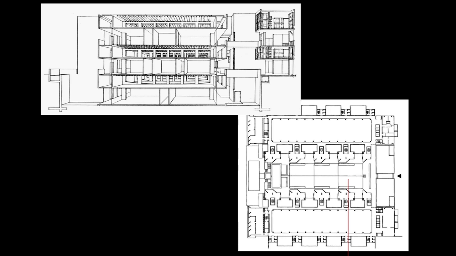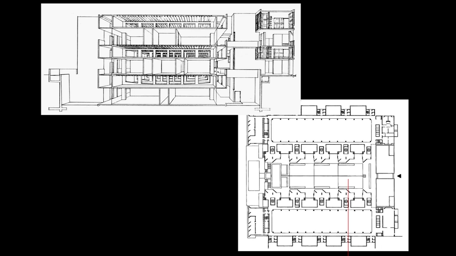So the utilities are going to rise vertically through these tower-like forms that are on the outside edge of the site. And perhaps you can locate those in plan, and in the section perspective, they're off to the left. And then the utilities would be fed through those floor levels that correspond to the structure, and then from there down to the lab below, or up through the floor to the lab above.